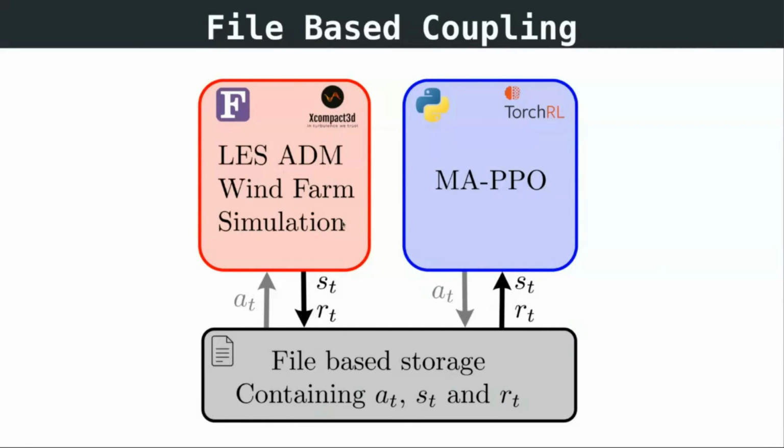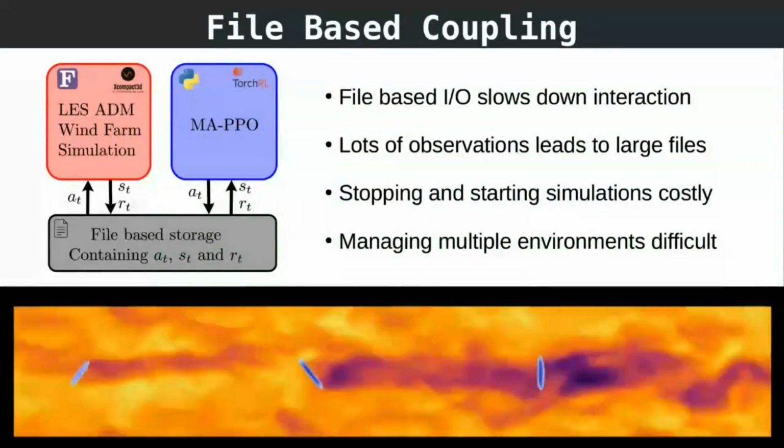From our LES, we stored onto file the state and the reward, and then we read these into our RL algorithm at each step of our RL, and then we would pass that through and obtain an action, which we would store in our files again, and read that into our LES. And this worked okay for a bit.